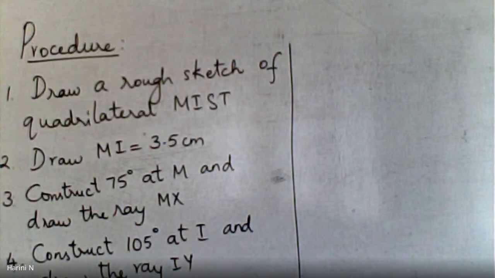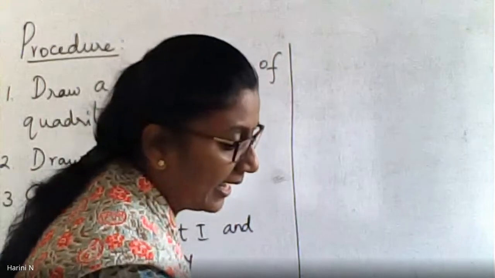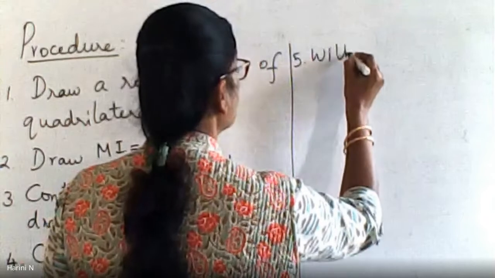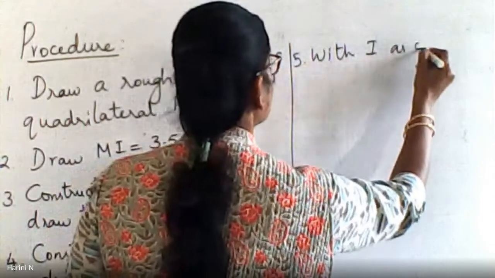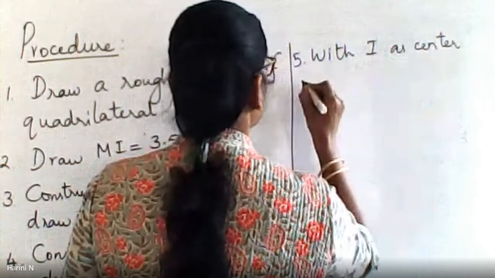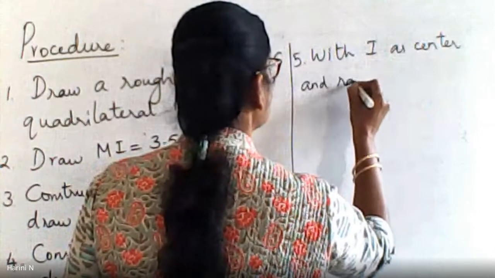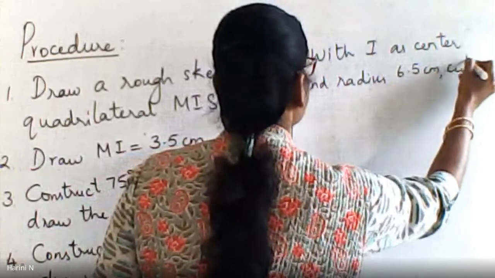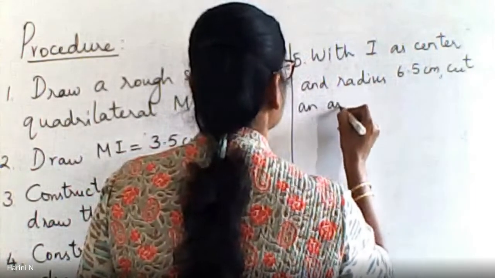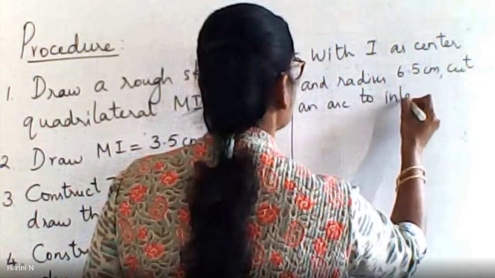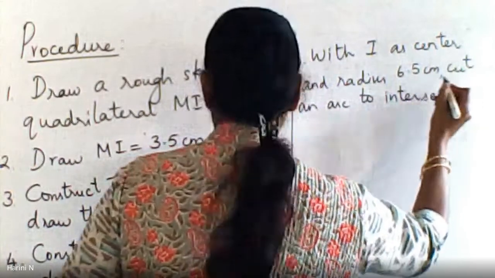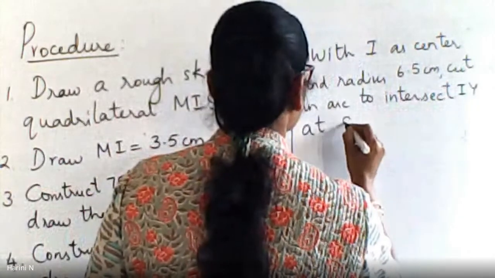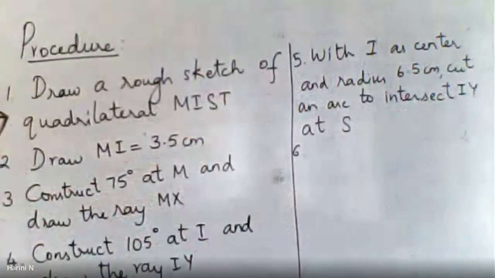Yes, with I as center and radius 6.5 centimeters, cut an arc to intersect IY at S. Okay, so you got the point S.